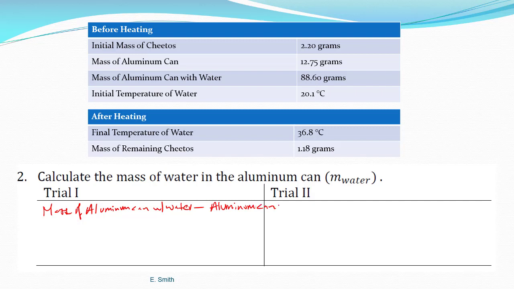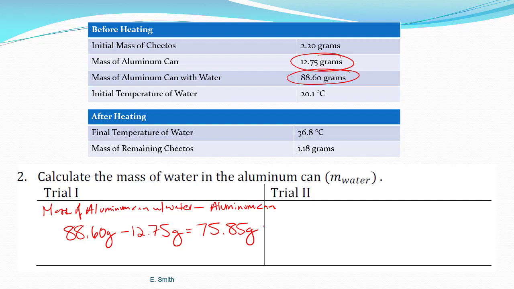So I'm going to take my mass of the aluminum can with water, which was 88.60 grams, and subtract the mass of just the aluminum can, which was 12.75 grams.